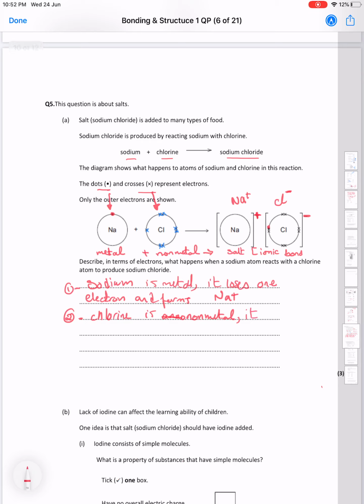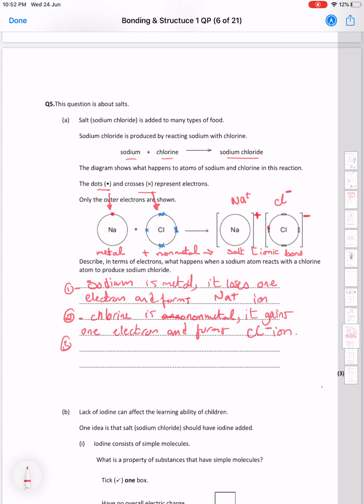It needs to gain 1 extra electron. So it gains 1 electron to have a complete outer shell and forms the chloride ion. So I want to mention ion here.